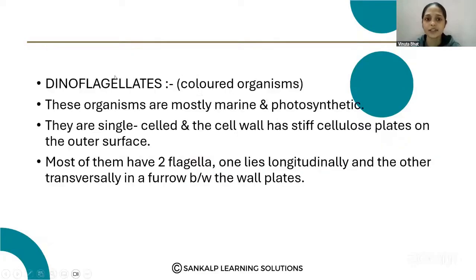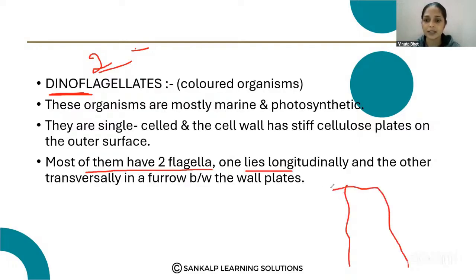Dinoflagellates. Dinoflagellates means they have two flagella. Two flagella are present in these organisms. This is how these flagella are located: one is a longitudinal flagellum, and the other flagellum is transverse.